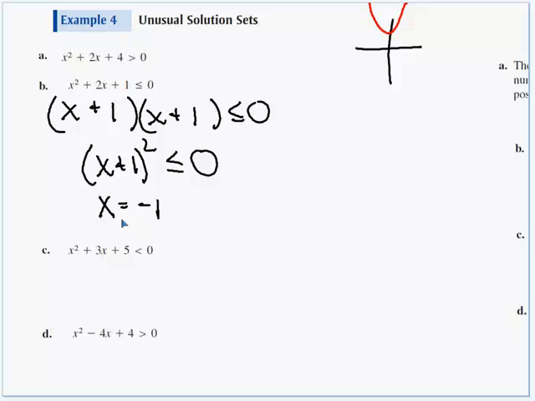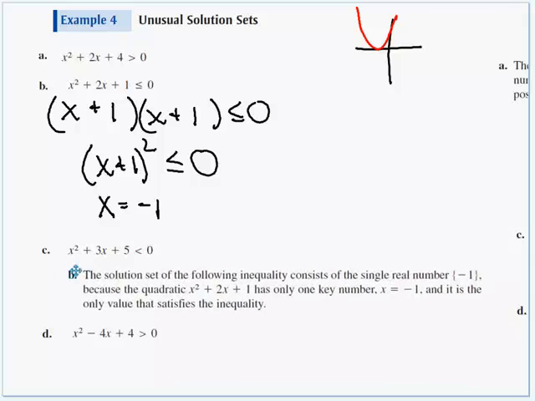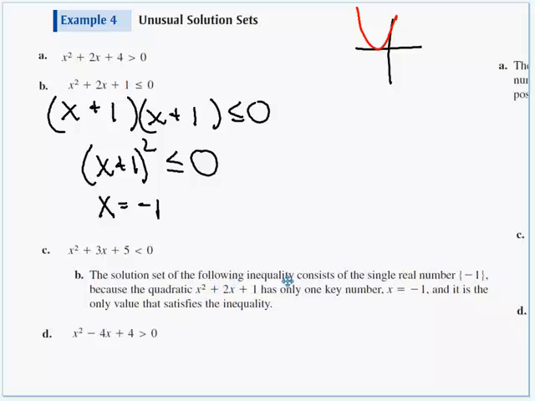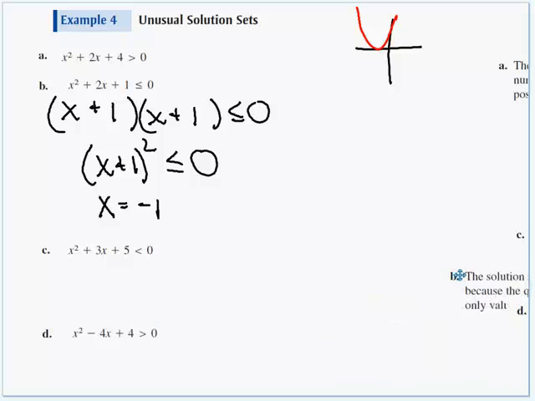Here we are going to not cross, but we're going to touch it at exactly 1 point. We're just going to touch the x-axis and bounce right off of it. And let's see what they have in here for this verbally. The solution set to this following inequality consists of a single real number, just negative 1, because this quadratic has only one key number at negative 1. And it's the only value that will satisfy the inequality.